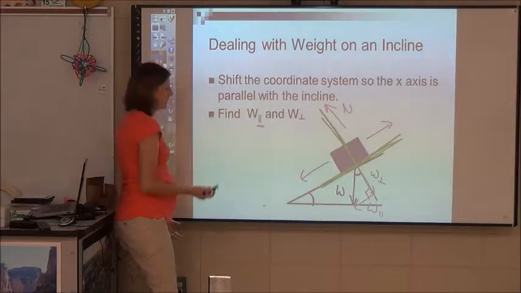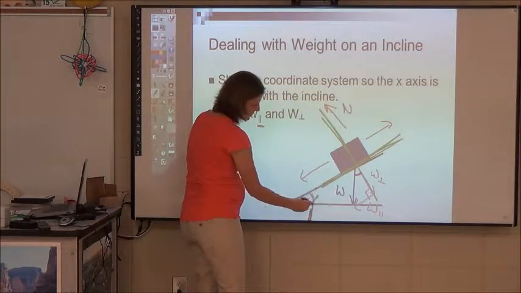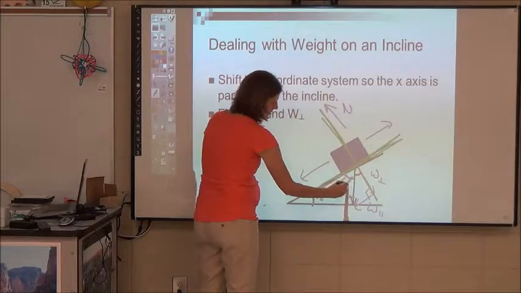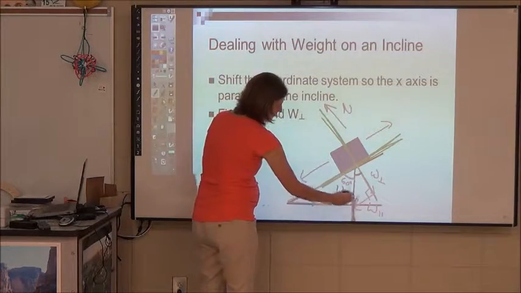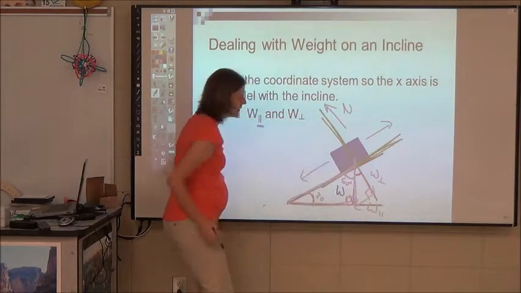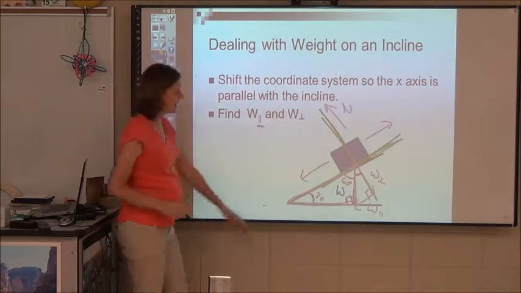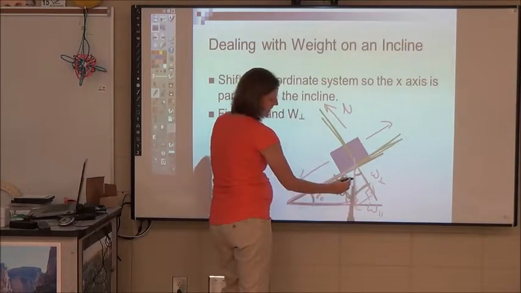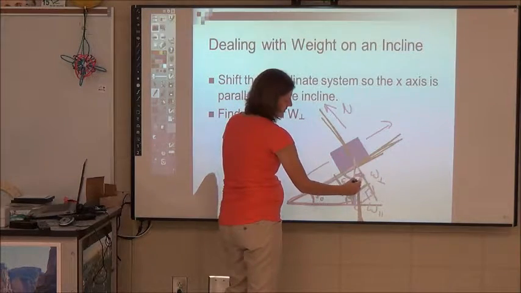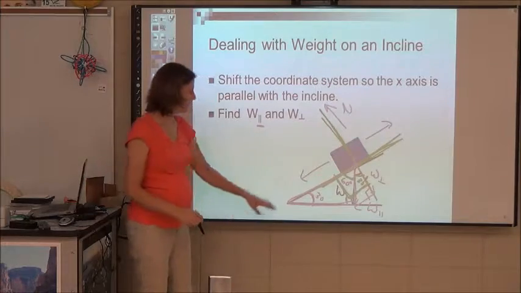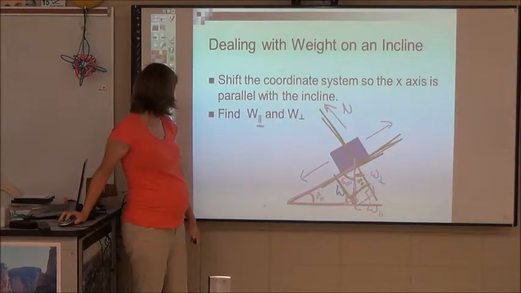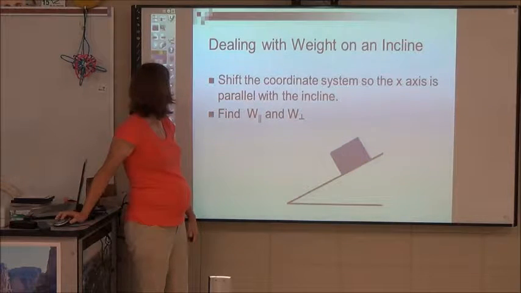If this were a 30-degree angle, and this is 90, this would be 60 for this triangle. So at the top, this is one big 90-degree angle. That component's 60, so this would have to be 30. So if you're given the angle of the incline, it sort of just fits in the top of your weight triangle.